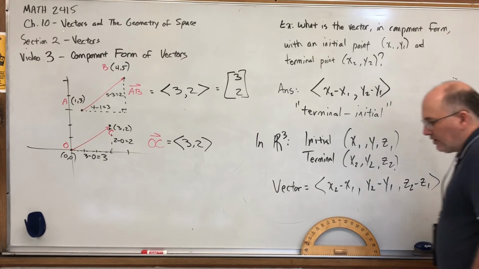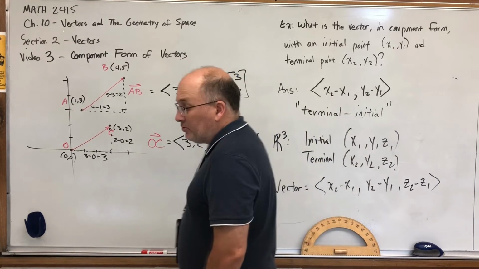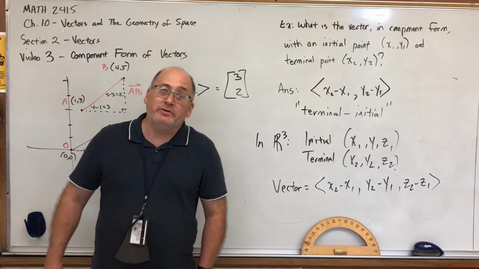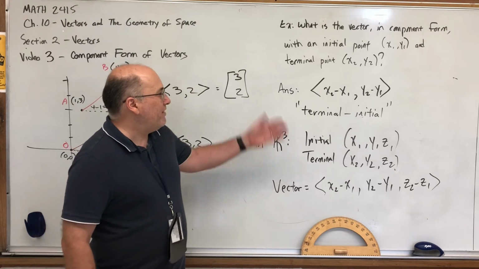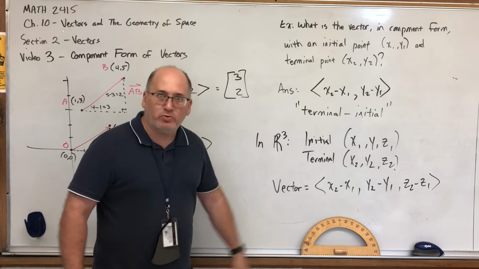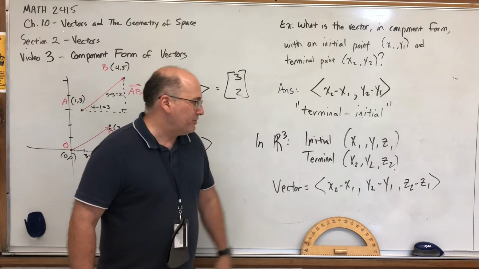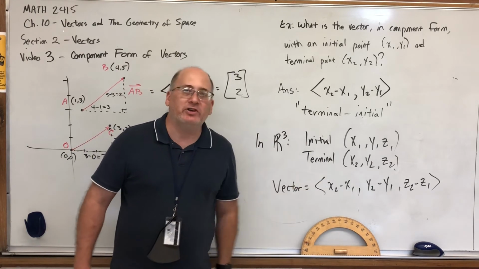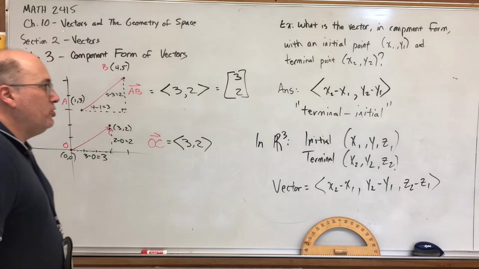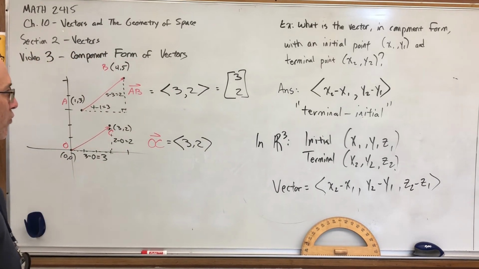And although we can't represent them easily visually and physically, we could do this in 4, 5, or as many dimensions as we want. We would just have ordered 4-tuples, ordered 5-tuples, ordered 6-tuples, whatever you want to call them, and to find the vector connecting them, we would just keep subtracting corresponding coordinates. So it's really not that hard to calculate component form for a vector.